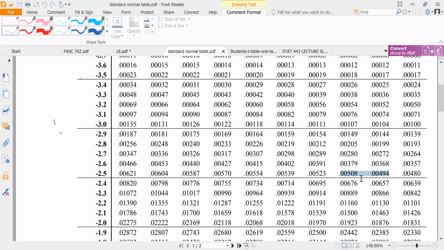What this means is that our value of Z lies between these 2 points. So I shall show you how we are going to obtain those values.